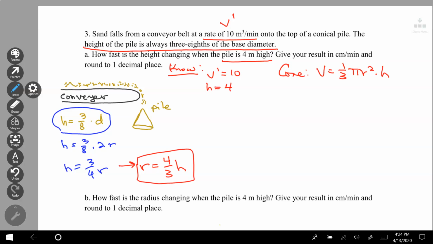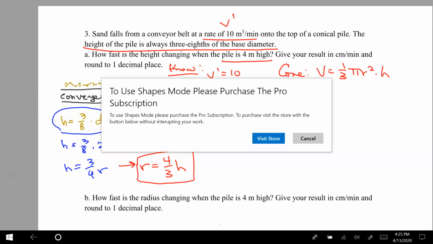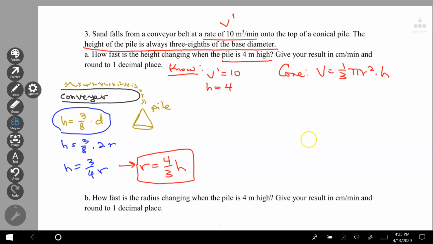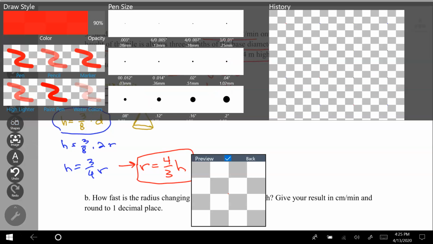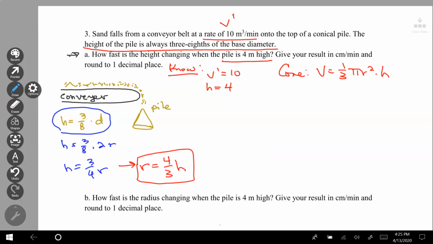Because right now I have the volume of a cone, which is given to you as 1/3 pi r squared h. I don't want to deal with two variables. I'm trying to find how fast the height is changing, or h prime. Sorry it took so long.